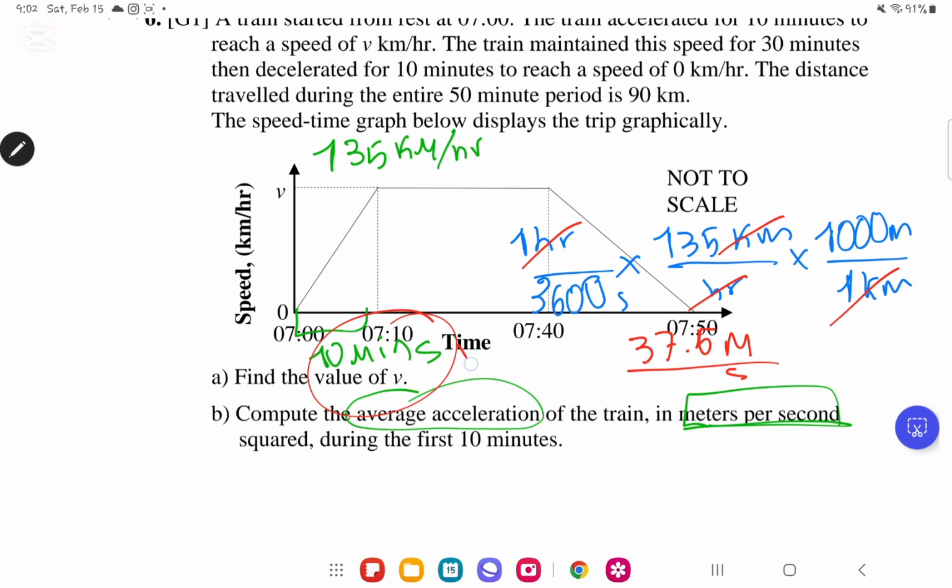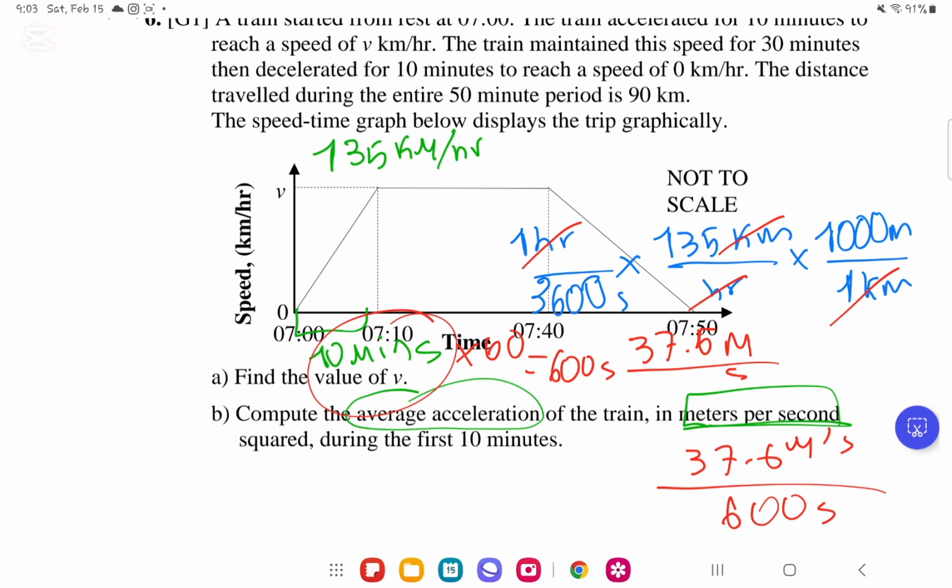Now we need to change the 10 minutes into seconds, so you just multiply by 60, and you get 600 seconds. And now to change it into meters per second squared, it's going to be 37.5 meters per second over 600 seconds, so you put it on the calculator. I said 37.6, but this is 5, sorry, that's my mistake.